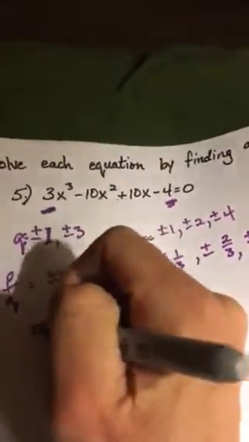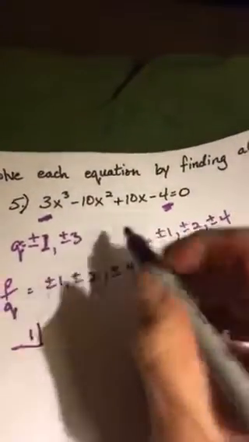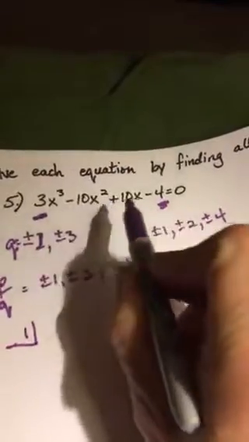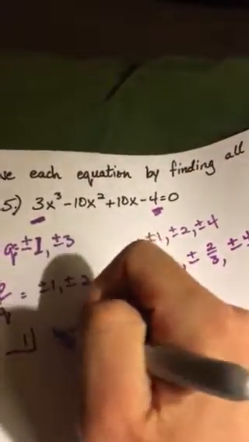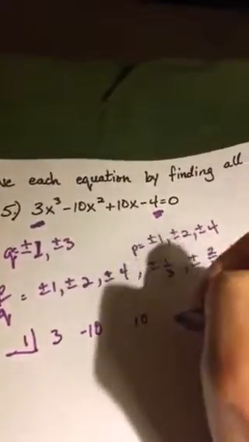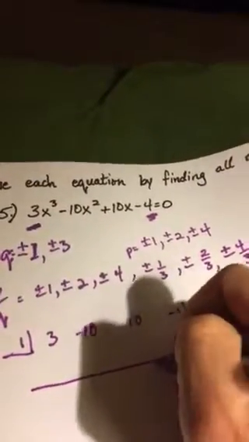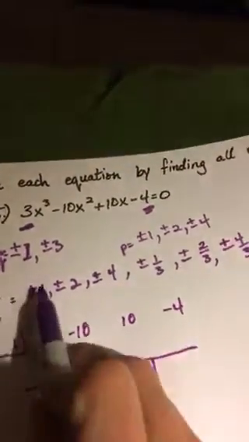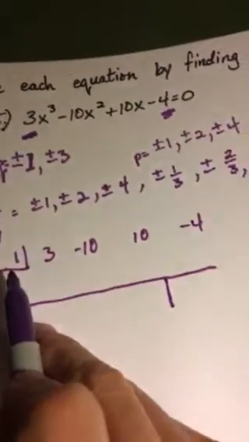So I'm going to go ahead and plug this 1 in as a possible root, and then I take the coefficients of my polynomial, which are 3, -10, 10, and -4. Set up my little synthetic division chart, all right, and 1 is the first root I'm trying out. That's the very first one.